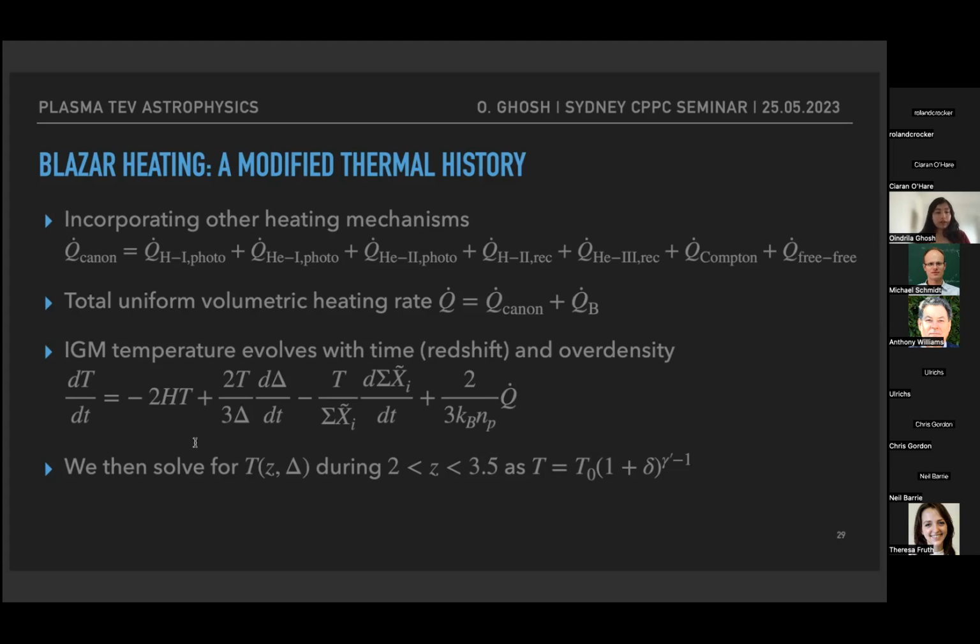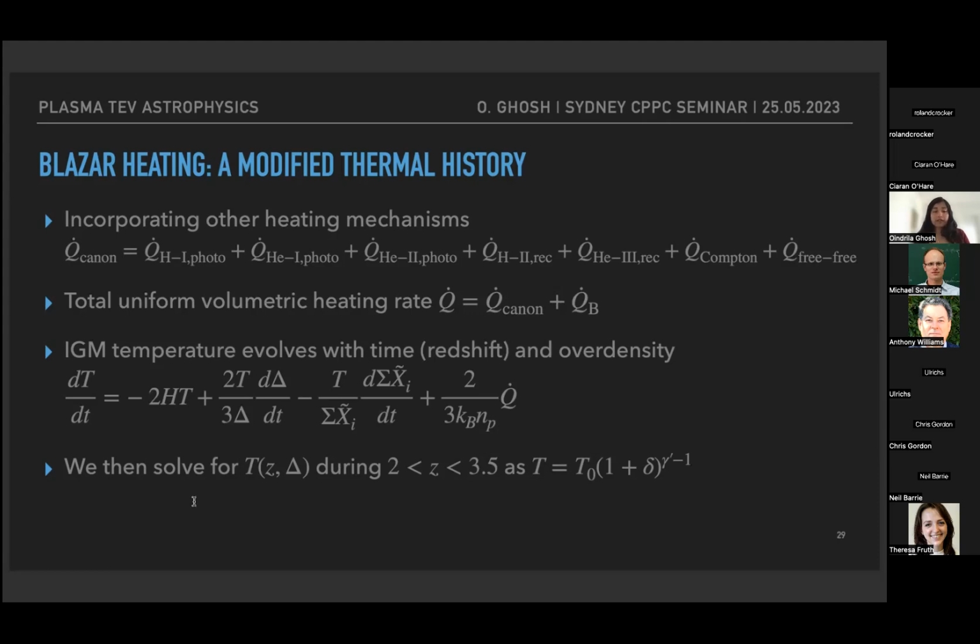So the first term is the Hubble cooling, and this delta is the overdensity, and this sum of xi are typically called the atomic heating rates. So these constitute all the processes that we talked about here. And this Q dot is the total volumetric heating rate.